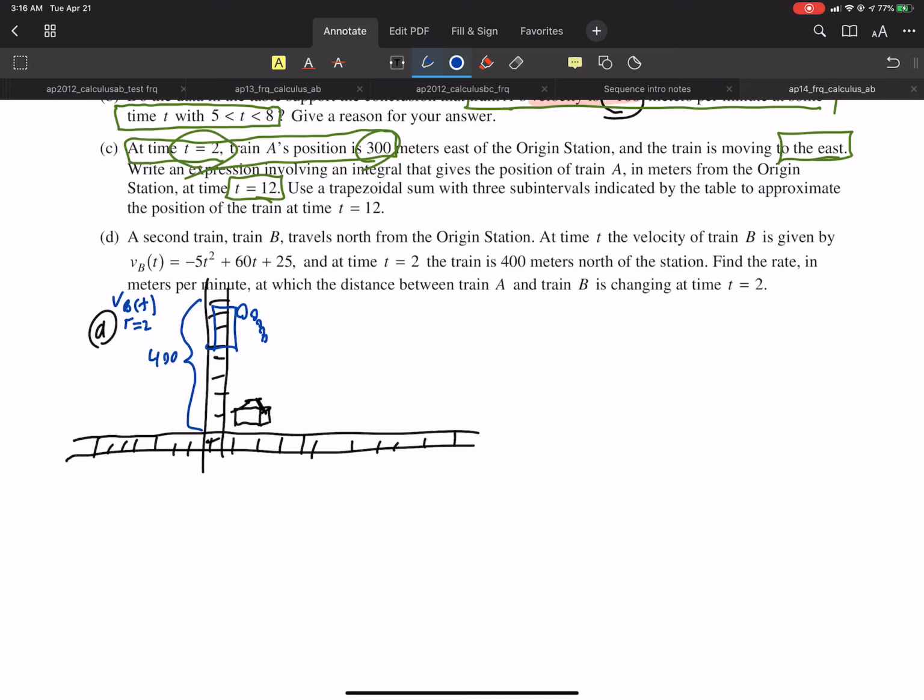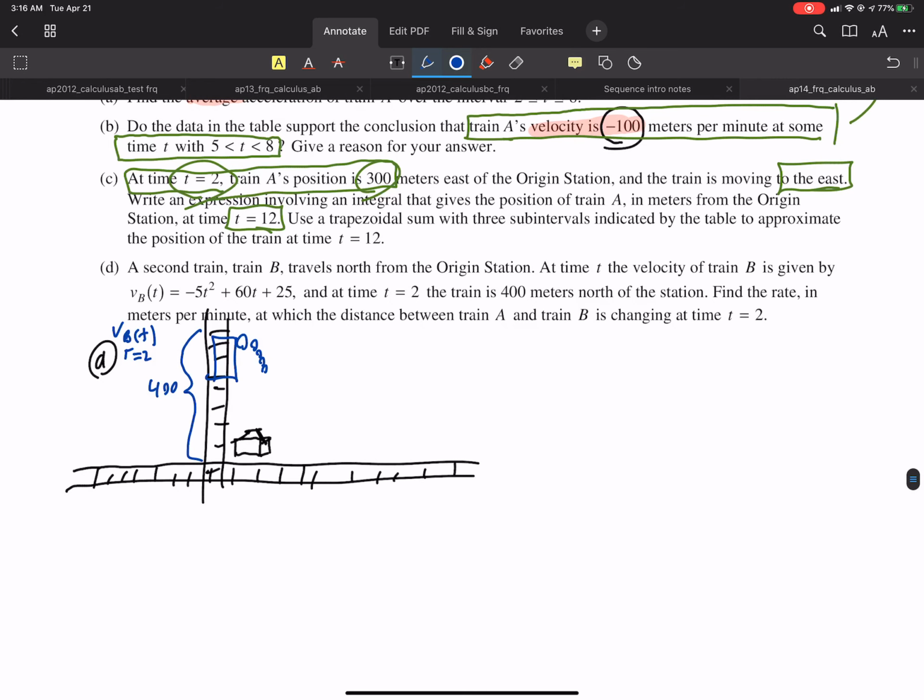Find the rate in meters per minute at which the distance between A and B is changing at t equals 2. Do we know the position of train A at 2? Wow, we have that from part C. Look at that. At t equals 2, train A's position is 300 meters east. So let's get another choo-choo.